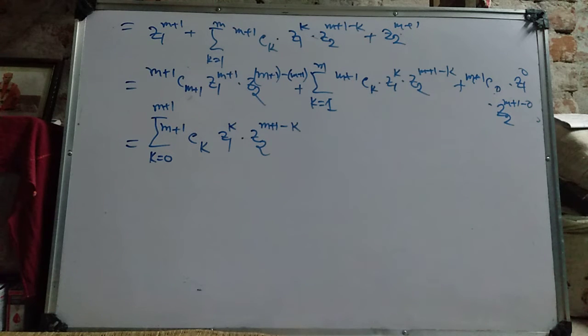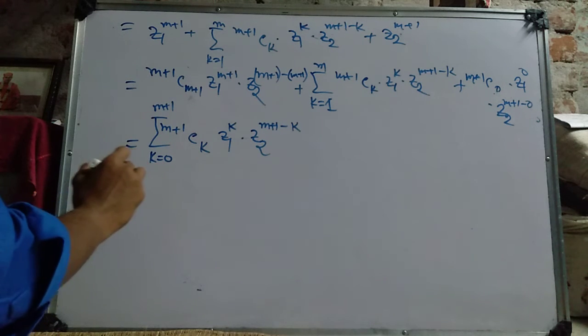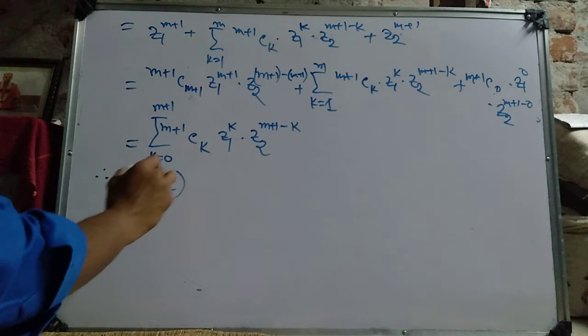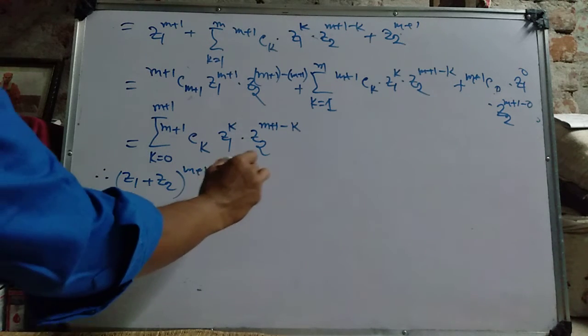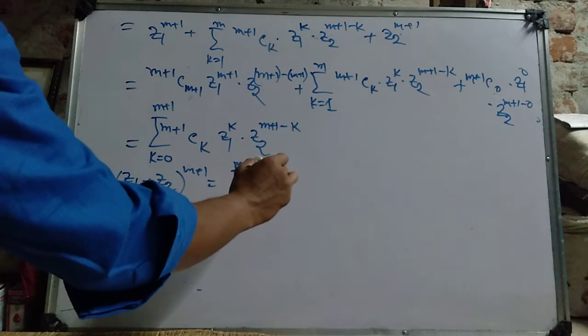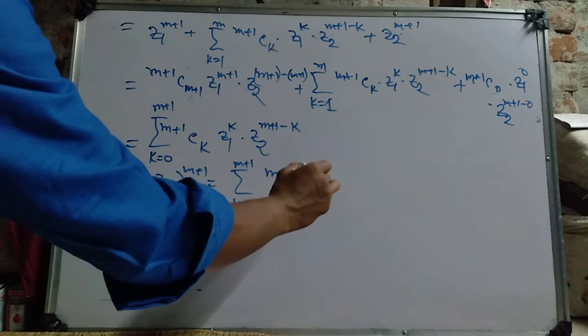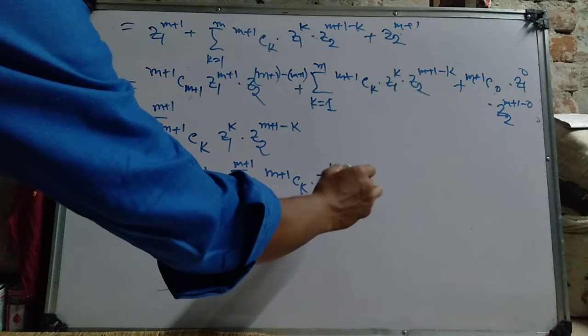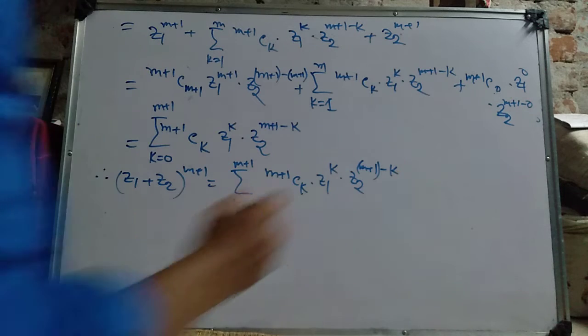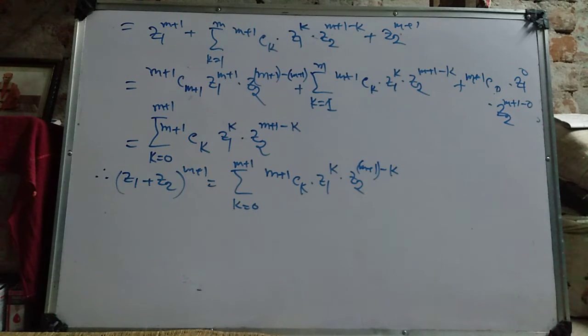So what will happen, we get z1 plus z2 to the power m plus 1 equals summation k equal to 0 to m plus 1 of m plus 1 Ck z1 to the power k z2 to the power m plus 1 minus k. So we prove this important binomial theorem.